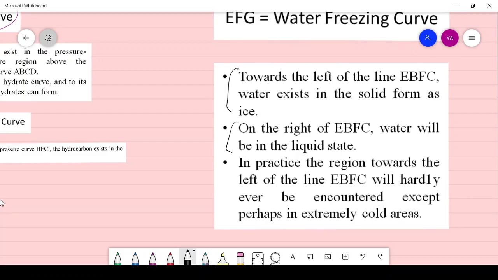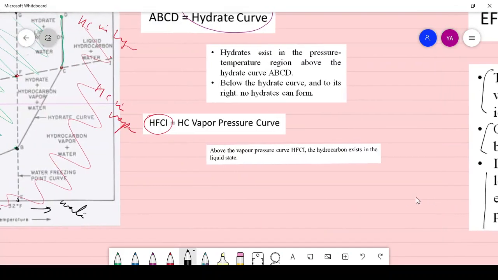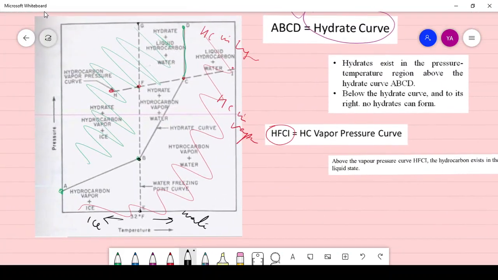In practice, the region towards the left of the line EBFC will hardly ever be encountered except in extreme positions. So if I say this position, normally this position does not come into the picture.